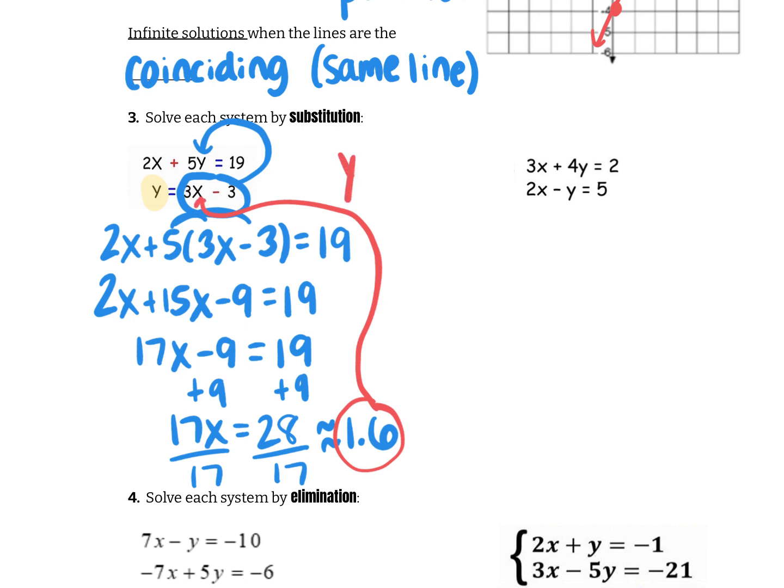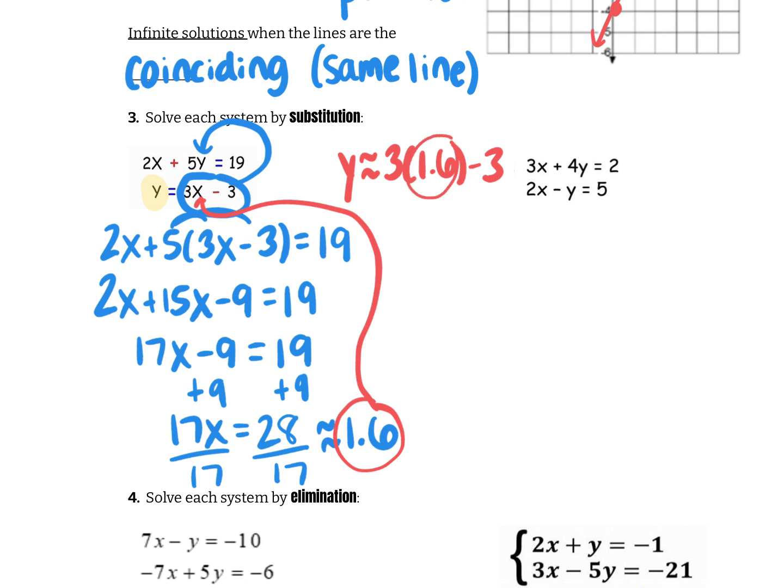So we have y is approximately equal to, because I rounded that x value, 3 times 1.6 minus 3. So 3 times, I end up getting about 1.94, etc. So I'm going to say about 1.9. Now that might round a little bit differently just because I actually did not type 1.6 in my calculator.